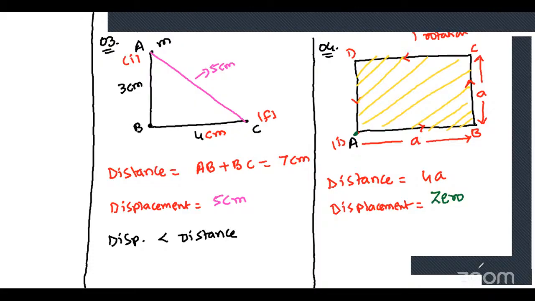The particle moves from A to B, B to C, C to D, and finally D to A, reaching the final point A. So for one complete rotation, displacement will be 0.